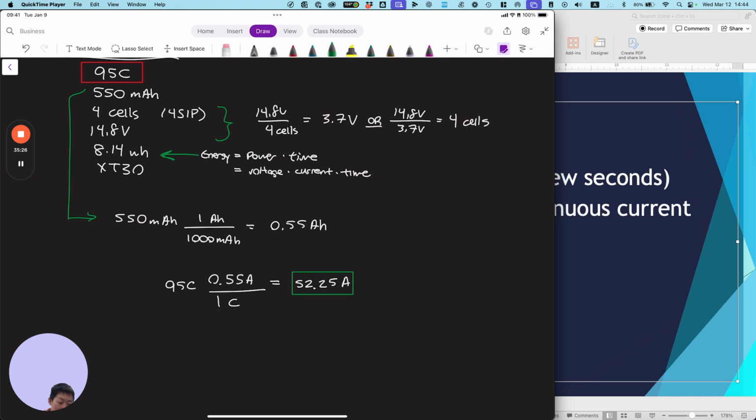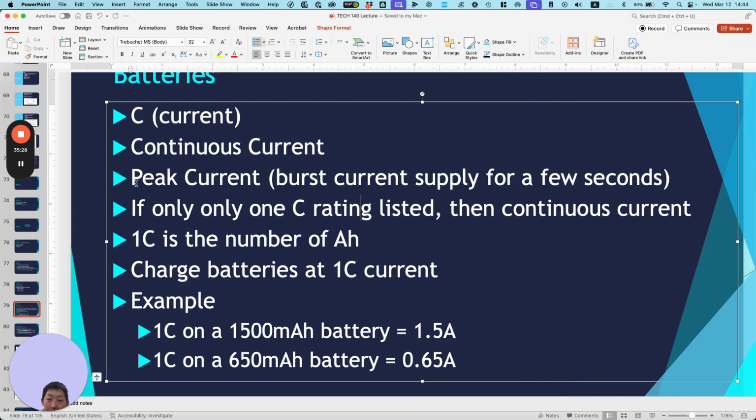So that's C. Let's look at our examples here. If we had a 1500 milliamp hour battery, what's 1C?